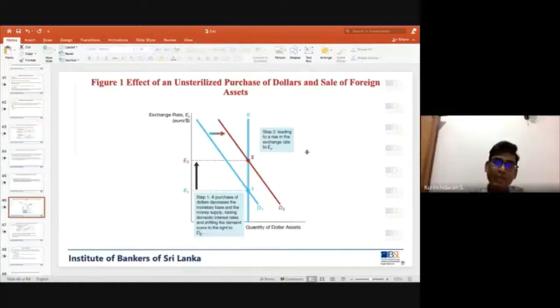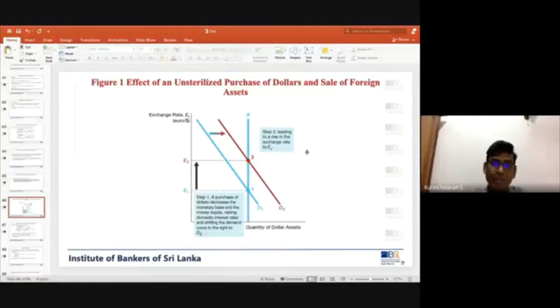Now if you are going to purchase local currency, getting the local currency back due to the sale of foreign assets, what will happen? The monetary base will decline, a decrease in the monetary base and the money supply.